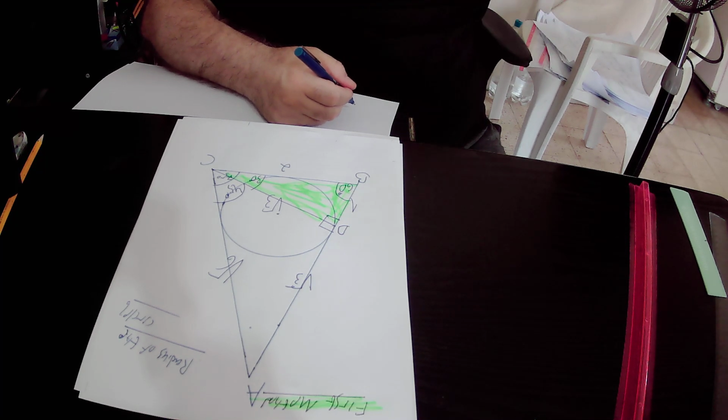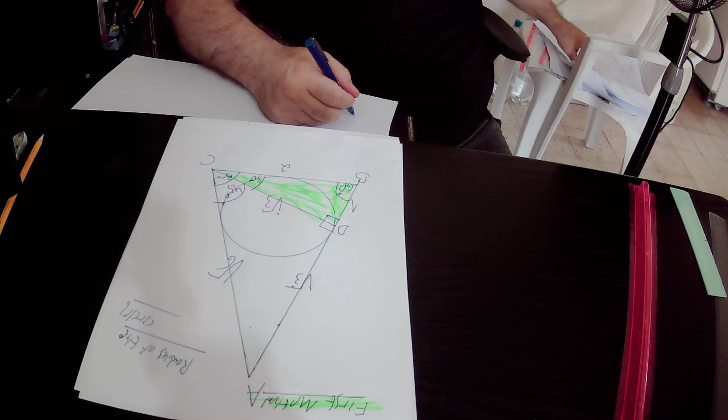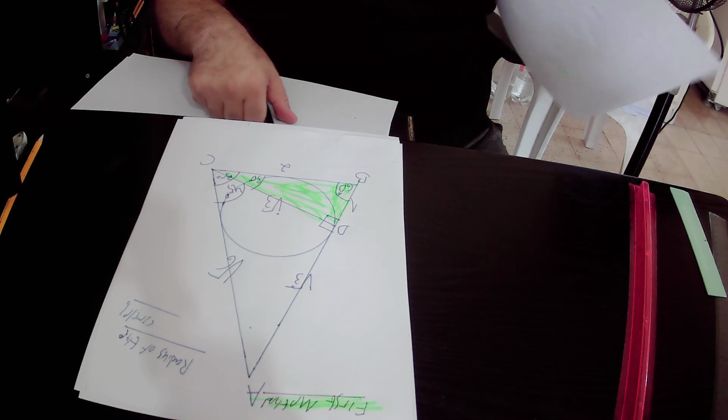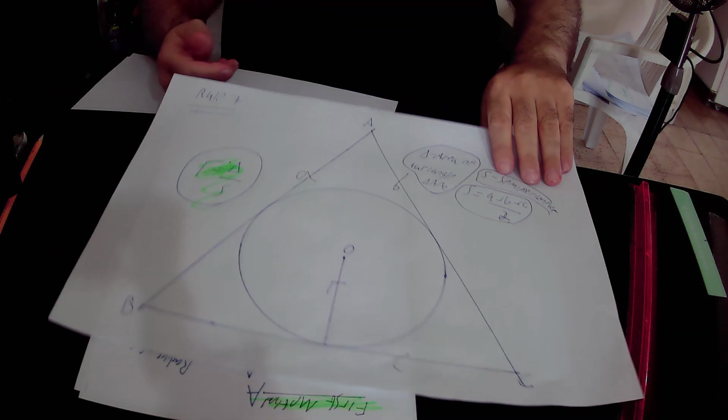So now we have the lengths of all the sides of triangle ABC. Therefore, you can implement rule number 7.